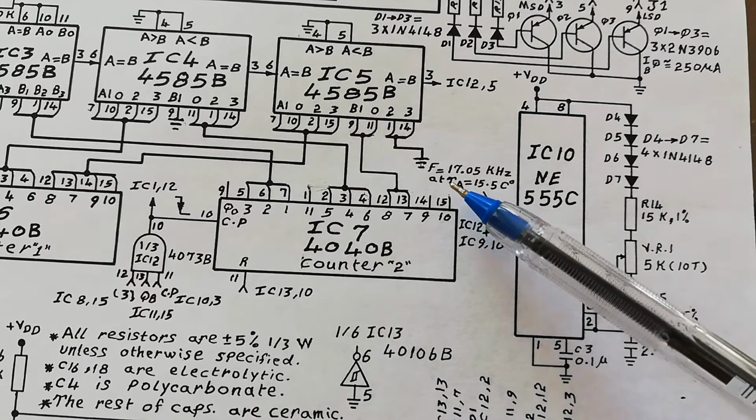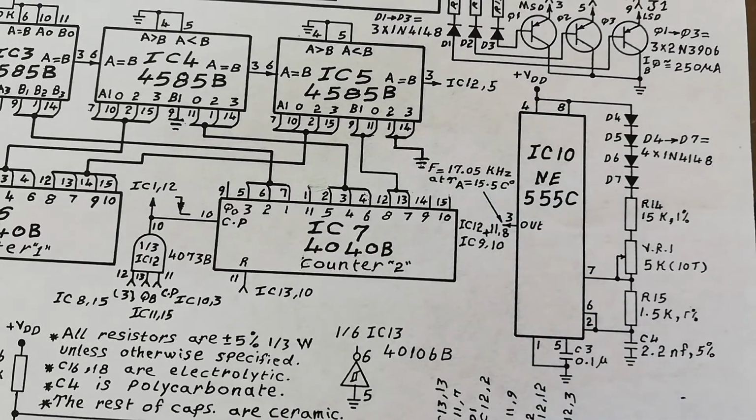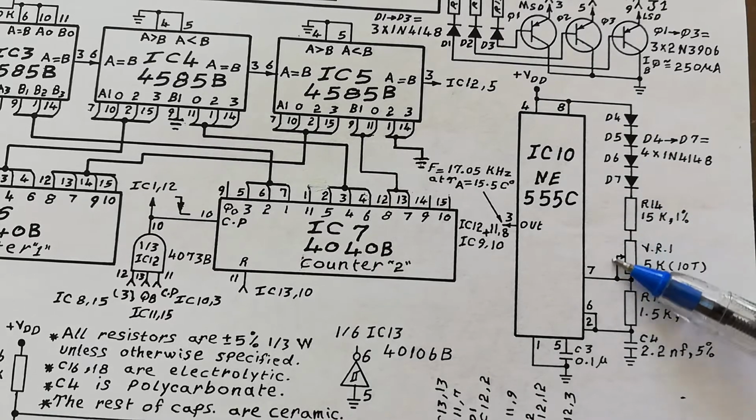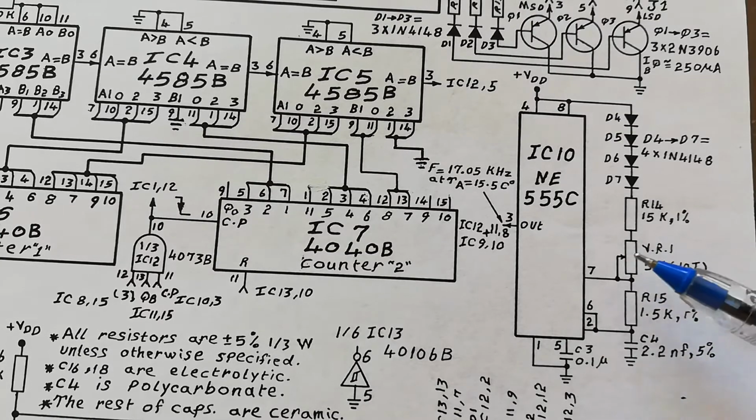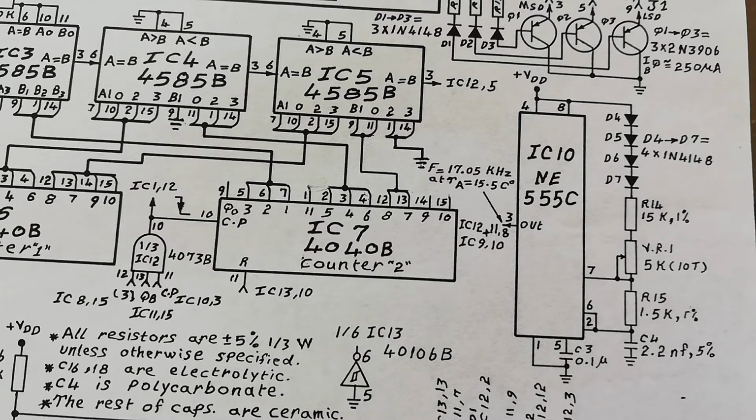That's why you have about 17.05 kilohertz in here, while if you plug these numbers and take these diodes out, you'll get something like about 34 kilohertz. Of course, they can be adjusted with this potentiometer and this 10-turn potentiometer in here. Okay, so this is the idea.